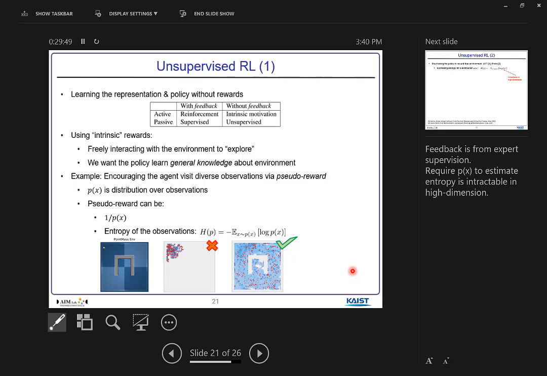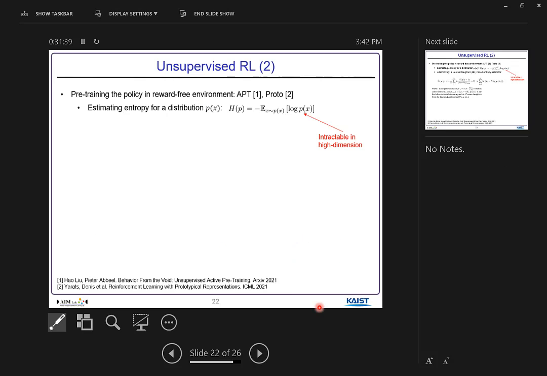To create that kind of intrinsic reward, one example is to encourage the agent to visit diverse observations via a pseudo reward, and the pseudo reward can be the inverse of the density of the observation or the entropy of the observation. So we can use the entropy as the pseudo reward.